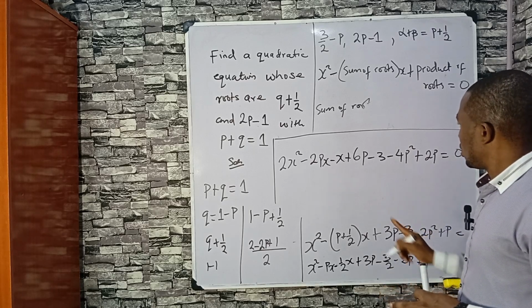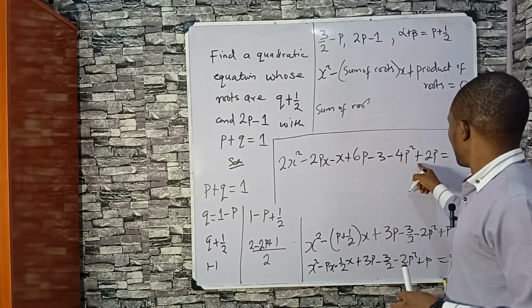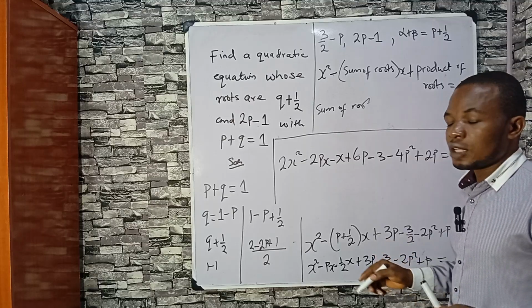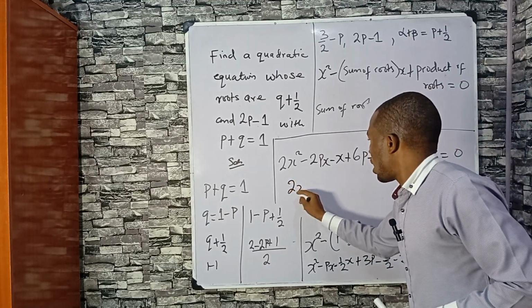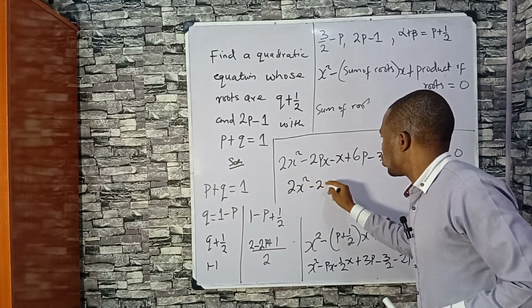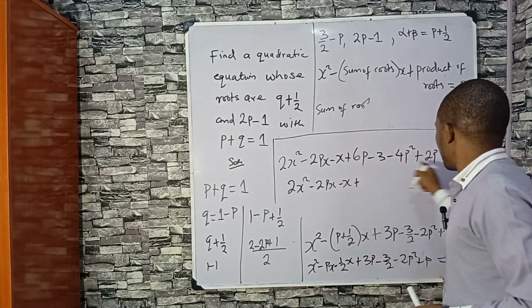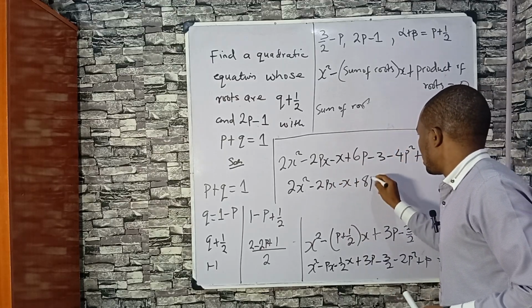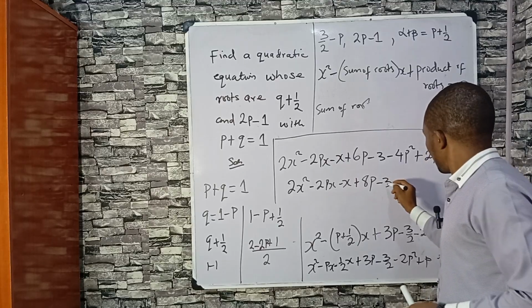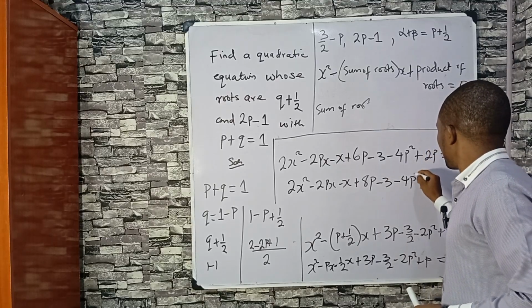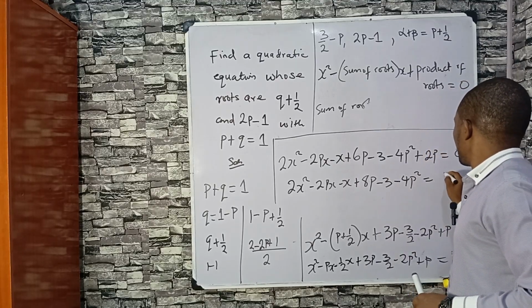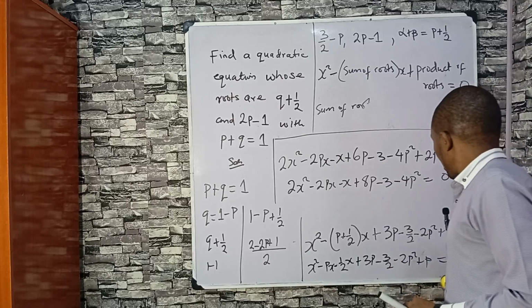Let's look at something here. 6p plus 2p, that is 8p. So 2x squared minus 2px minus x plus 8p, then minus 3 minus 4p squared equals 0. You can stop here.